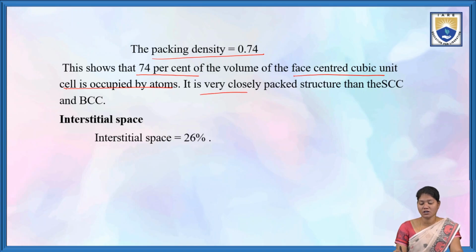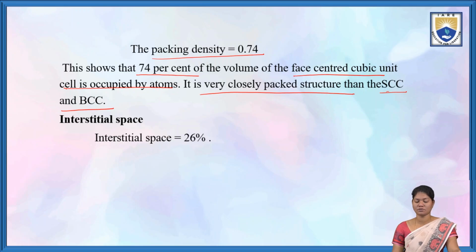So it is a very closely packed structure, more than the simple cubic crystal and body-centered cubic crystal. Comparing to the previous simple cubic and body-centered cubic crystals, the face-centered cubic unit cell has a very closely packed structure.